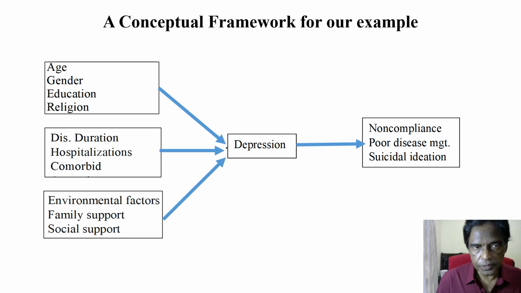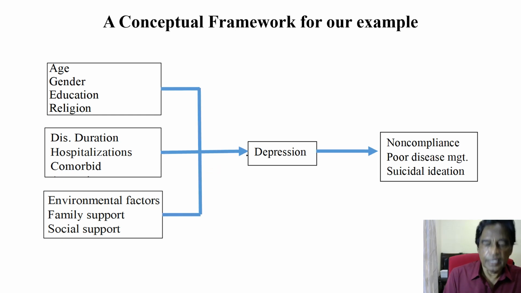So we do literature as well as consult with specialists and experts in this area. All right, so this looks even neater. All these lead to depression, and that may lead to non-compliance with disease management. So this particular diagram looks neater than the previous one.